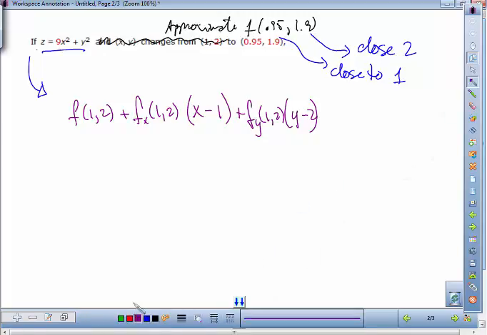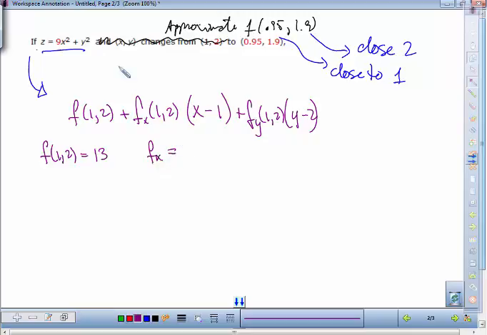So we need those pieces. Let's find f of 1, 2. That's putting 1 in for x and 2 in for y. So 13, is that right? 9 plus 4, 13.